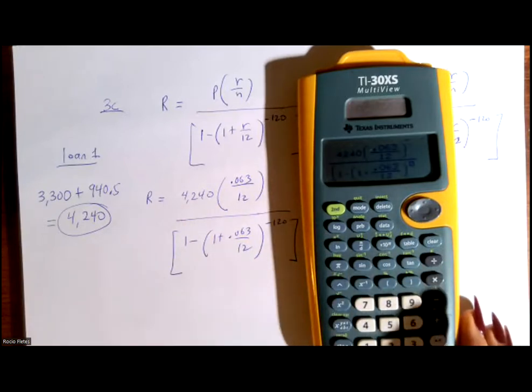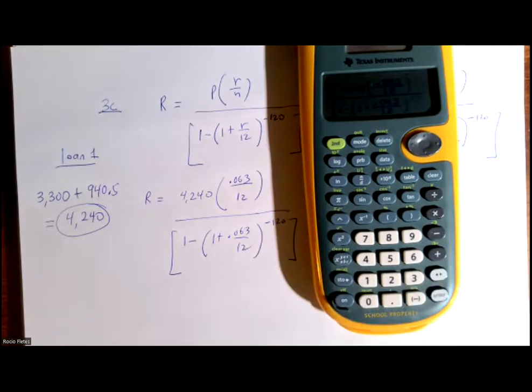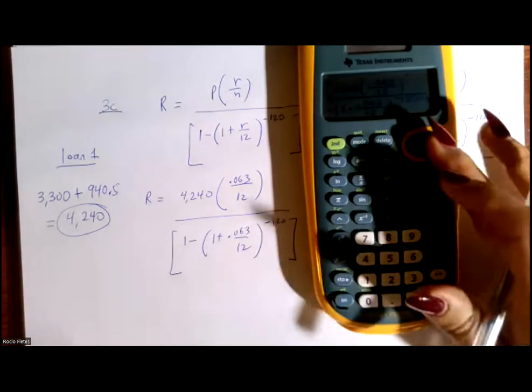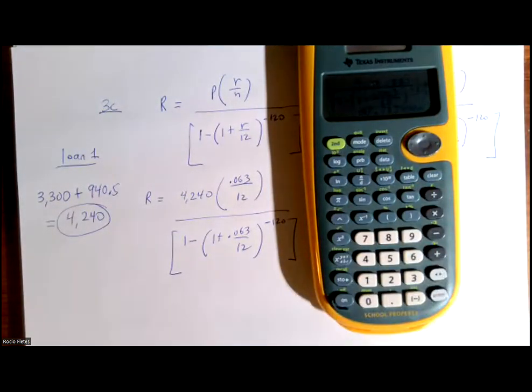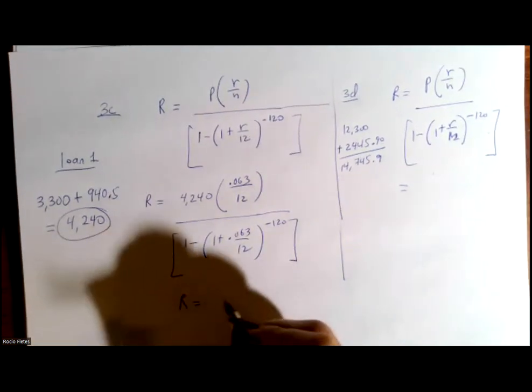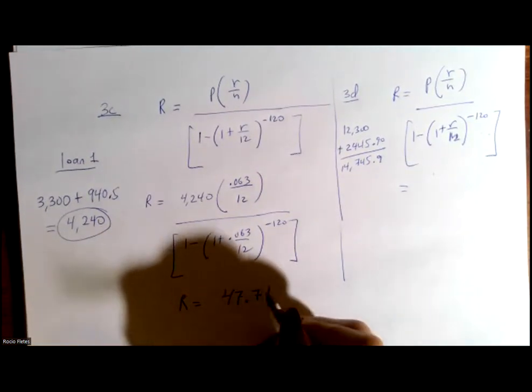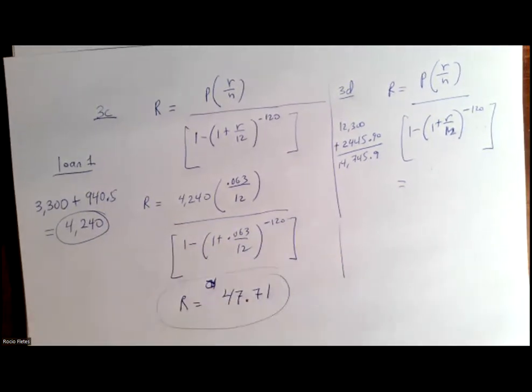For the negative, don't use the minus key. Use the negative sign key, this one right here. Then 120, move the cursor down and close the parentheses. That gives us a payment of 47.71. That's the payment for this loan.